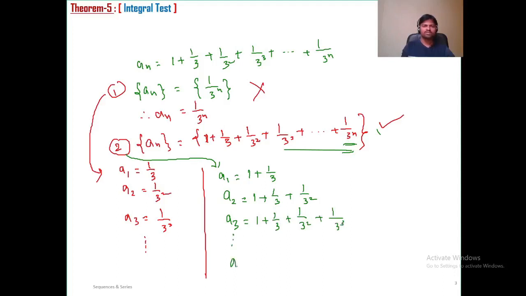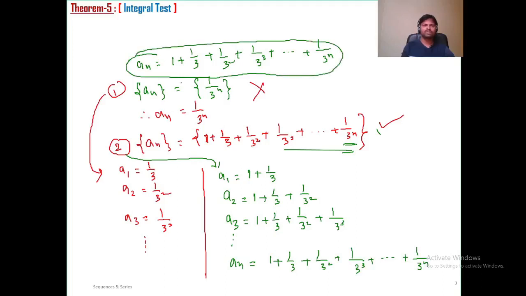So therefore, what is a_n now? Substitute n, up to 3 power n. Up to 3 power n means what? 1 plus 1 by 3 plus 1 by 3 square plus 1 by 3 power 3 plus up to so on plus 1 by 3 power n. Look at this, this is my a_n only. So that is the difference between this kind of sequences and this kind of sequences. I hope it is very clear.